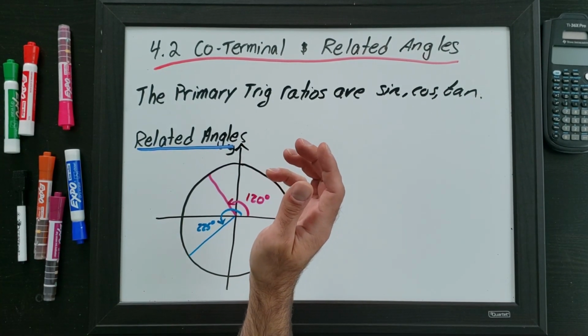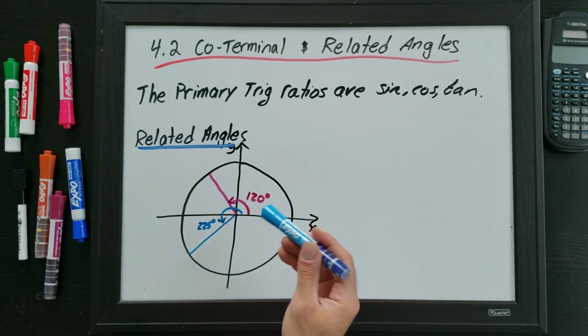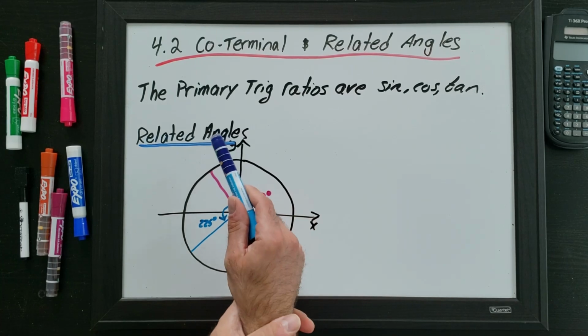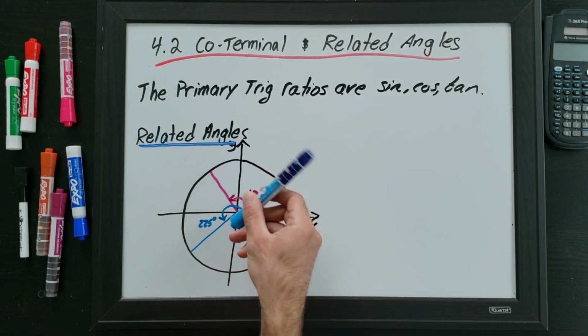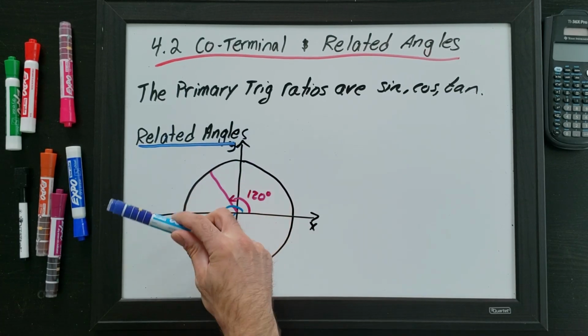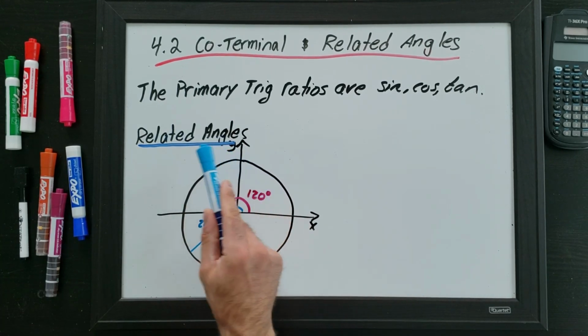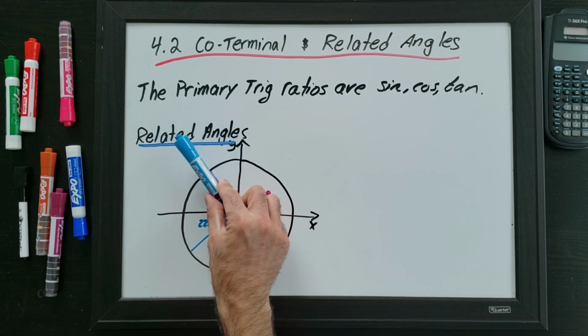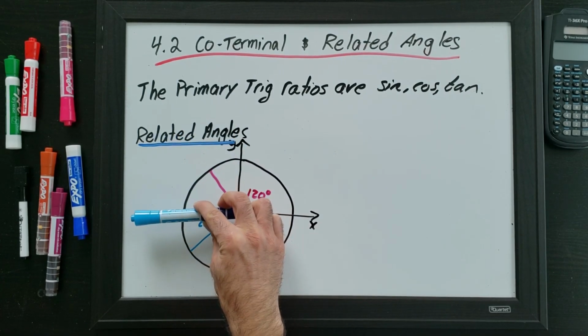Okay, so now, related angles. I put two angles here. One is 120, one is 225. So we use related angles when we're outside of the first quadrant. Anything greater than 90 degrees, in order to calculate that, we use the related angle. And the related angle is the distance of that angle to the x-axis.